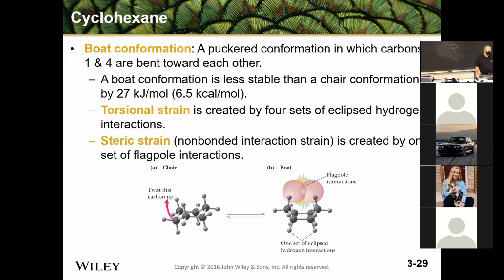Then we have another conformation, and this is called the boat. I'll draw that over here. This is the boat conformation.